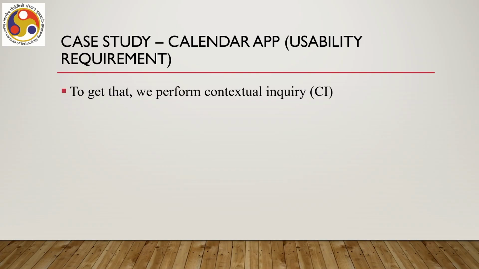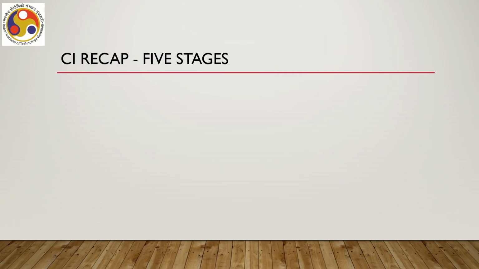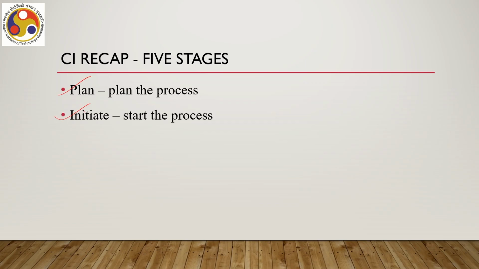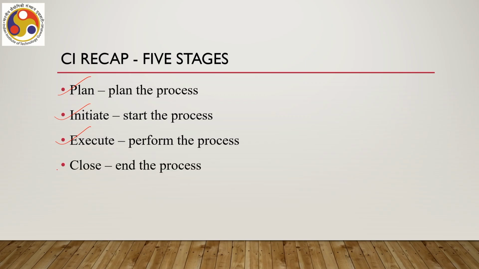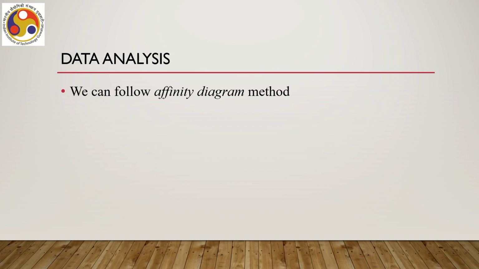So, usability requirements for the calendar app. We performed a contextual inquiry to get the usability requirements. The 5 stages we followed, namely plan: we planned the process, initiated the process, executed or collected the data, closed with thank you notes, and finally reflect using the affinity diagram method.